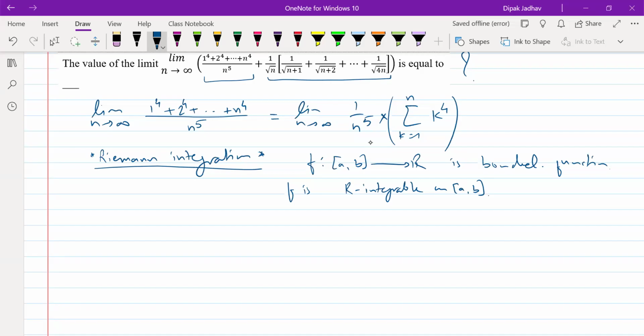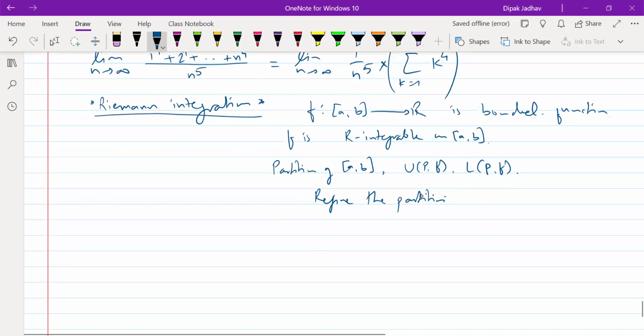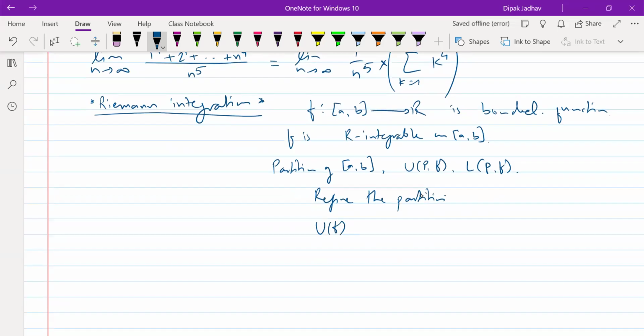For example, you take a partition of the closed interval a, b, and then compute the upper Riemann sum and lower Riemann sum, then refine the partition, and again compute the upper and lower Riemann sums. Continue this process, refining the partition with more and more subintervals. Finally, you compute something like UF and LF.